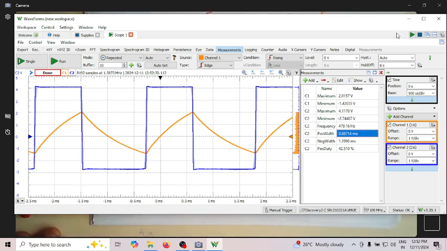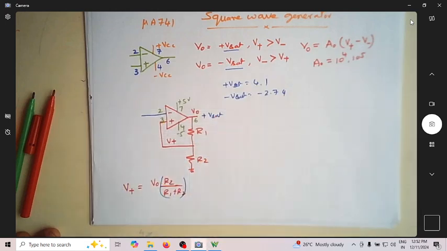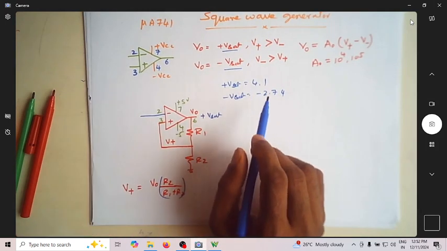We will come to this in detail later. This is the supply voltage. These are the typical voltages I am having.